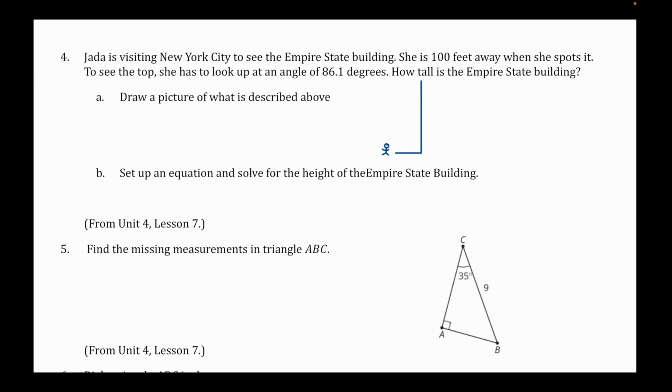But the Empire State Building is going to be really, really tall. It's difficult here to make an actual to scale drawing, but you have an idea of the tall side being the building. So I'm going to call this x, and they told us she was 100 feet away.